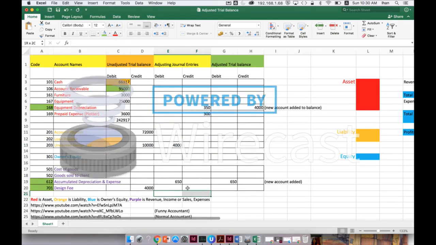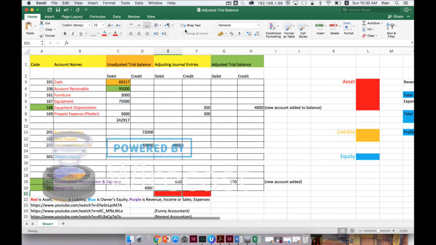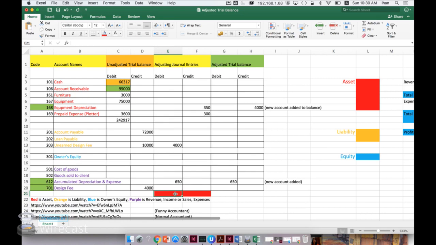So here, there are two columns. Reality, but not transaction. There's no 4,000 coming in or going out.